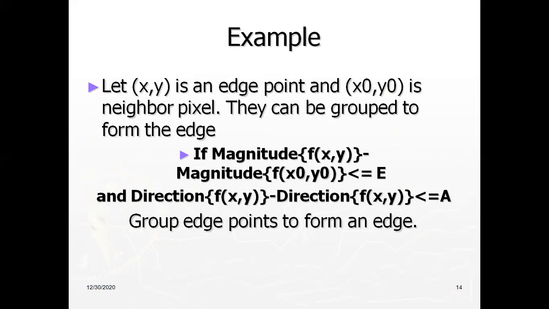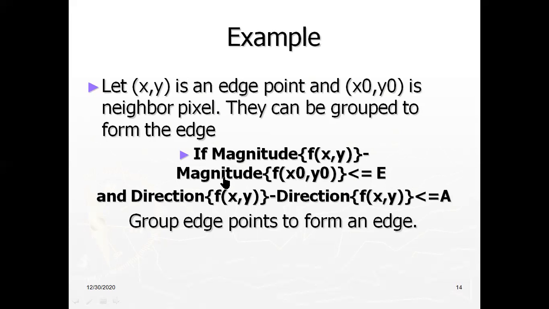The condition is you just find the difference between the magnitude of the pixel at location x comma y and the pixel at location x naught, y naught. If the difference of magnitude of the pixel at x naught, y naught and the pixel at location x comma y is less than or equal to E, assume that E is some threshold value for magnitude.